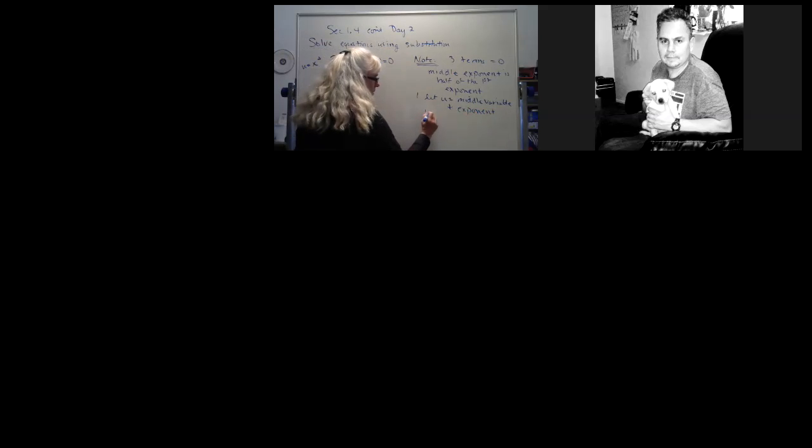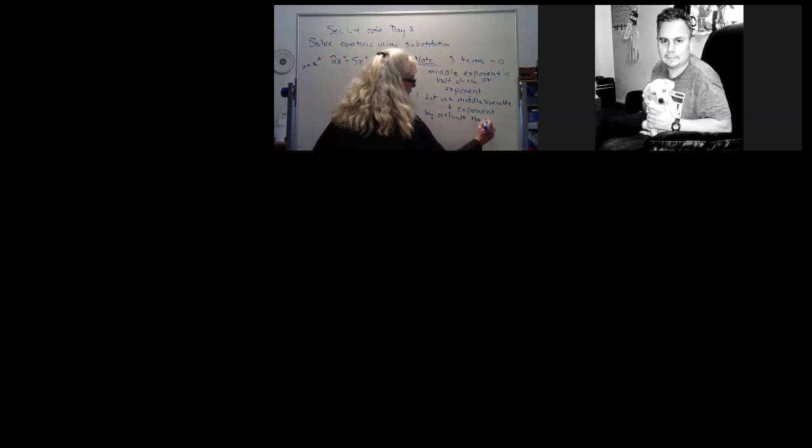By default, u squared will be the first variable and its exponent.